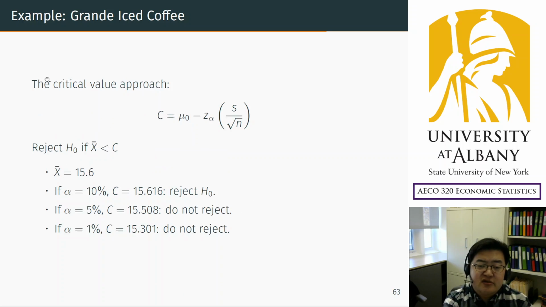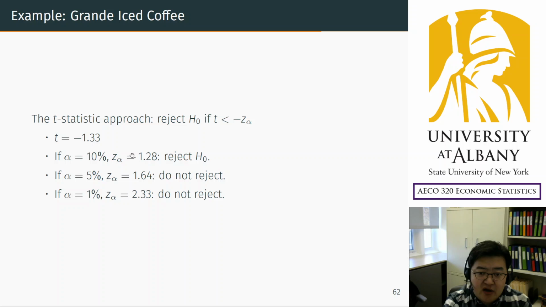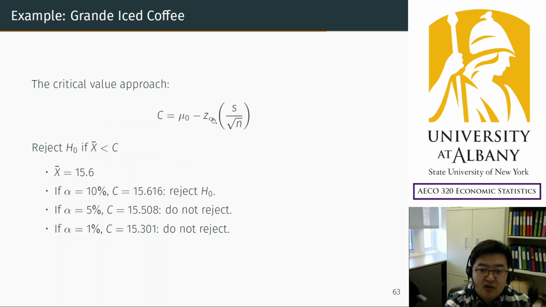And finally, the critical value approach. There is only one critical value, on the lower side. So the critical value will be calculated this way. Again, we use z alpha, which are these numbers: top 10%, 5%, 1%. And not the same numbers as we used in the two-tailed test.